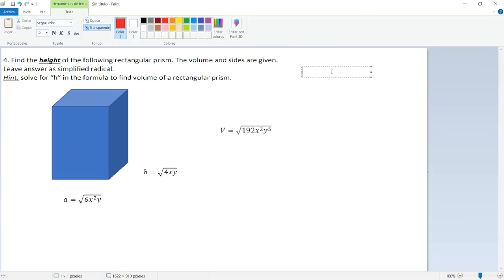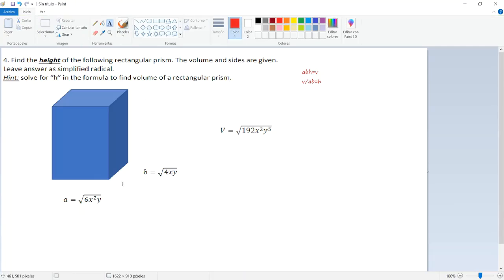Since the original formula is A times B times H equals V, we move the H from the start to the end, which leaves us with V, the volume, divided by A times B equals the height. Okay, so this is the formula that we will be using right now.